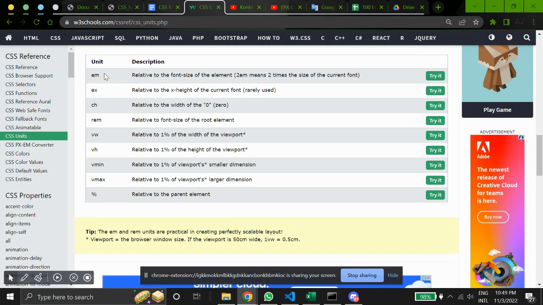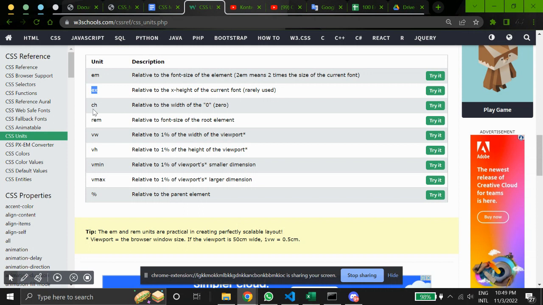So em is relative to the font size of the current element. And also we have ex, which will give an effect that the size of the element is relative to the x-height of the current font, but this is rarely used.